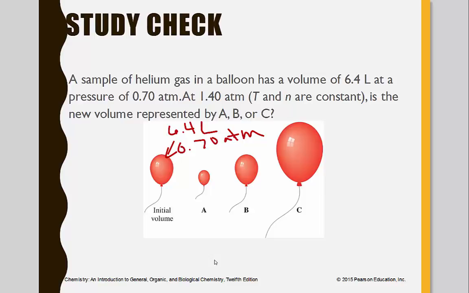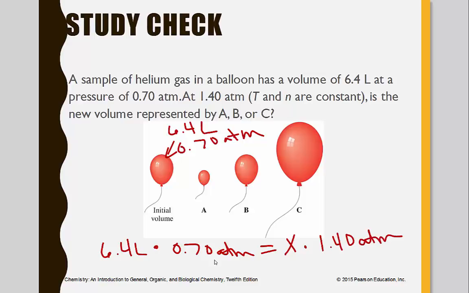So let's do the equation. 6.4 liters times 0.70 atm is equal to whatever the volume is times 1.40 atm. So 6.4 times 0.7 divided by 1.4. That comes out to 3.2 liters.